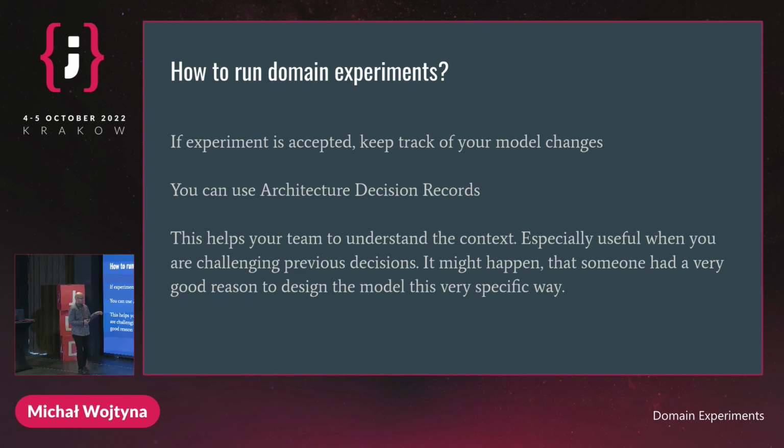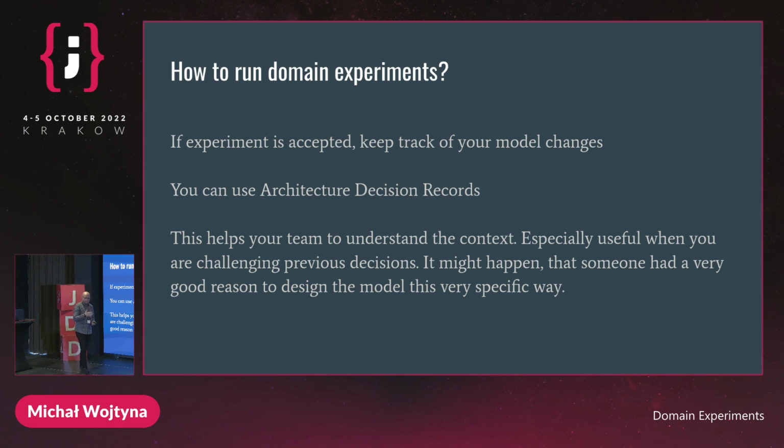OK, but finally, if an experiment is accepted, you should keep track of the model changes. You can use architecture decision records to record it. You can write it in Markdown files, have a separate repository, keep it in the same repository. It's up to you, it doesn't matter. The point is that you need to write down what decisions were made during this experiment.